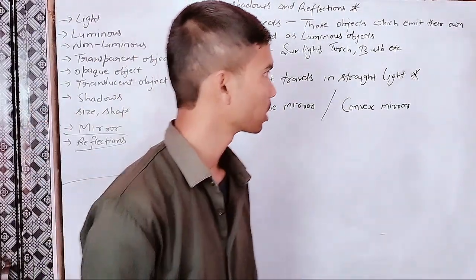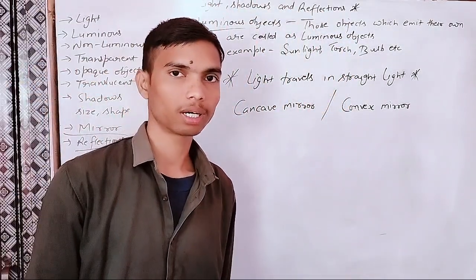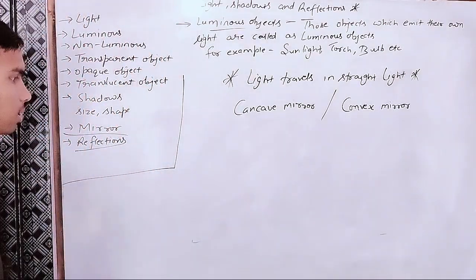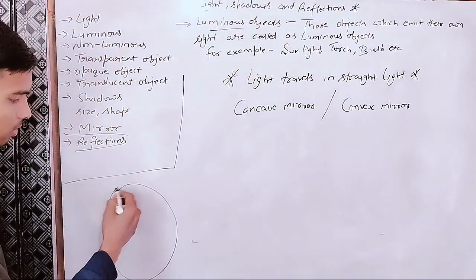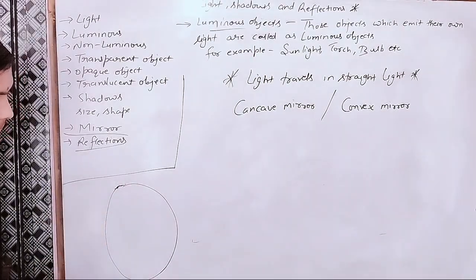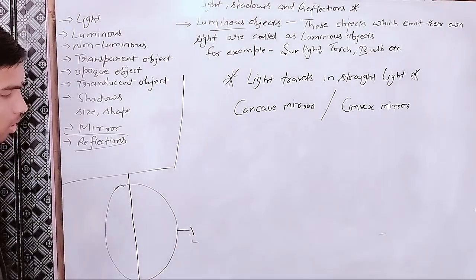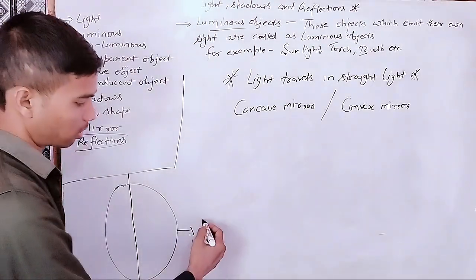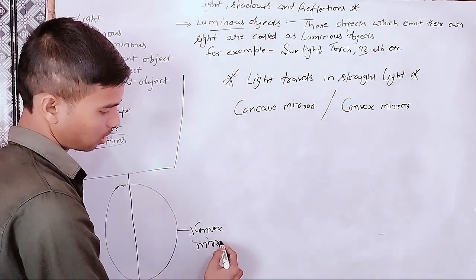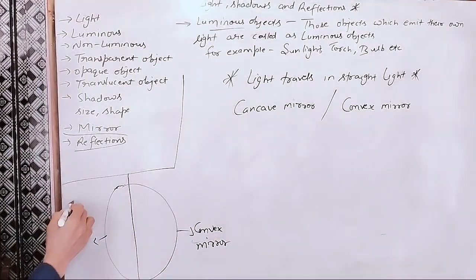So concave and convex mirrors are parts of a spherical shape like this. Got it? Here there are two parts. This part is the convex mirror, and this part is the concave mirror.